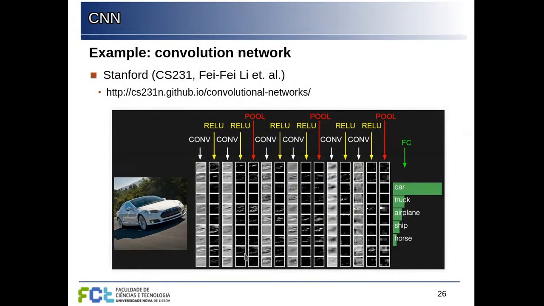So this would be an example for image classification. We have a convolution layer here that gives us a set of feature maps for the image. Then we have different feature maps here. Then we apply rectified linear unit activation. So these are the actual feature maps that are produced after activation. And then we again do a convolution on these outputs, and we have rectified linear unit.